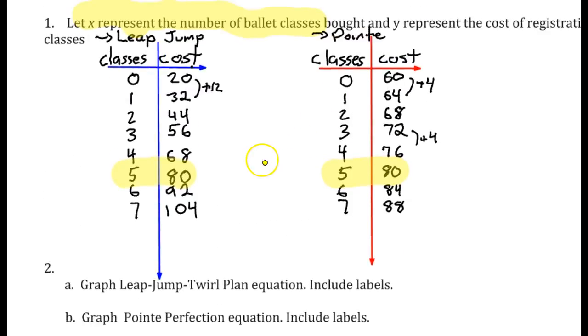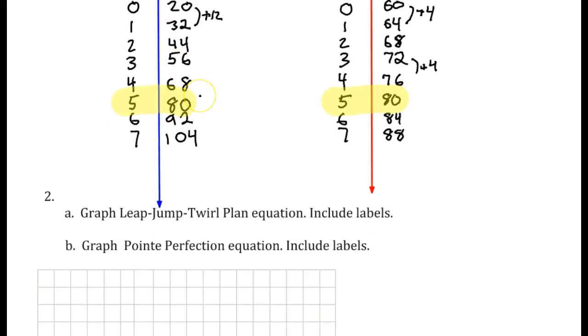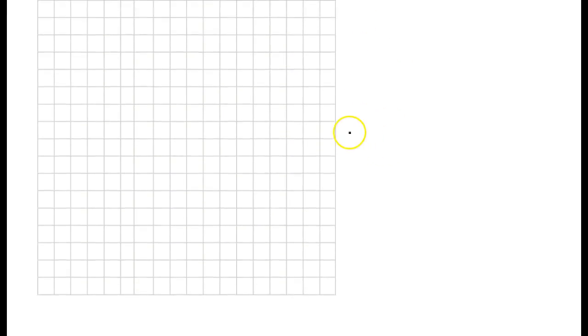So we really need to go up to like 6 or 7 on the x-axis. So let's go up to 7. Now, I could go 1, 2, 3, 4, 5, 6, and 7, but then I only use this tiny little bit of the graph. The graph will only be here if I count by 1s.